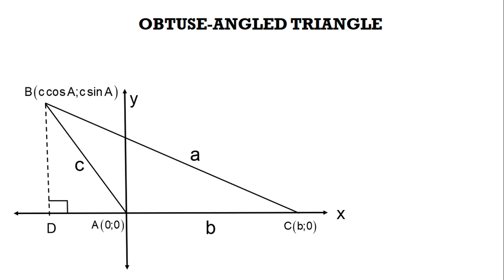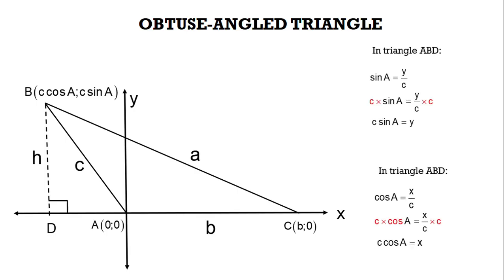So everything that we did, labeling the triangle and drawing a vertical height, is exactly the same. And even if we were trying to see how we get the coordinates for B, it will still be the same procedure. So just like I explained previously, that is exactly how you get your coordinates of B.